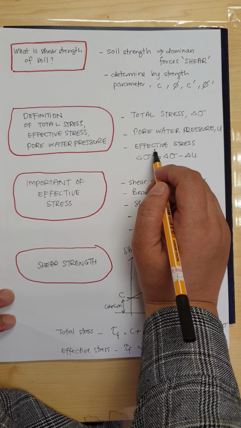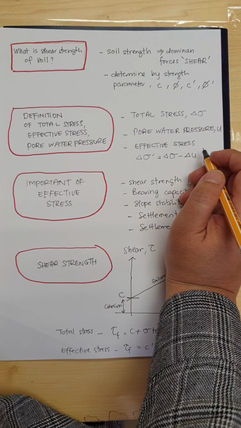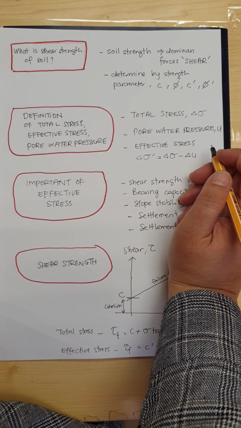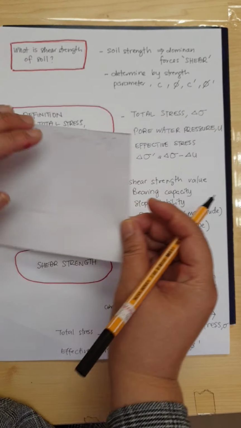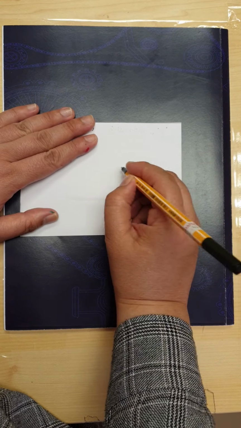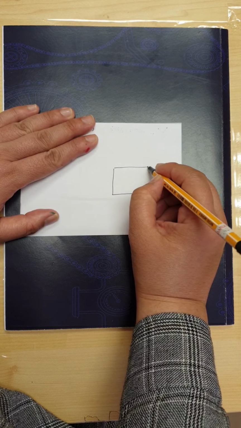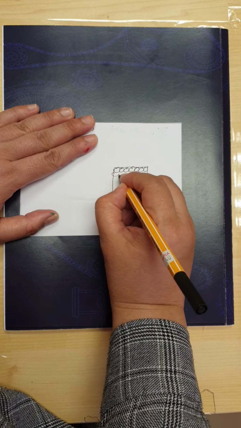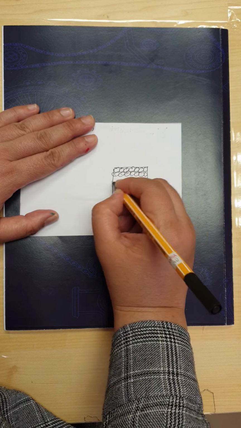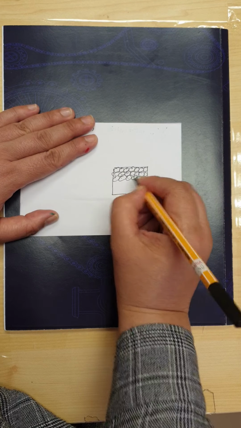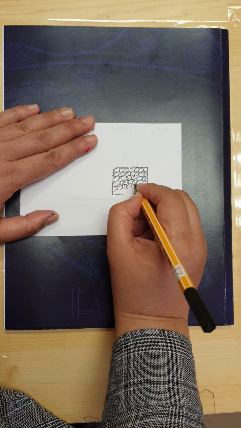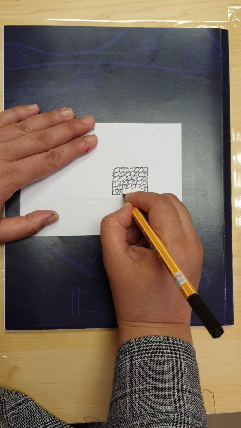And then, how to explain effective stress? Effective stress is the condition when your soil has already been compressed, and every particle inside your soil has been arranged so compact, there is no space for pore to be inserted in that structure.